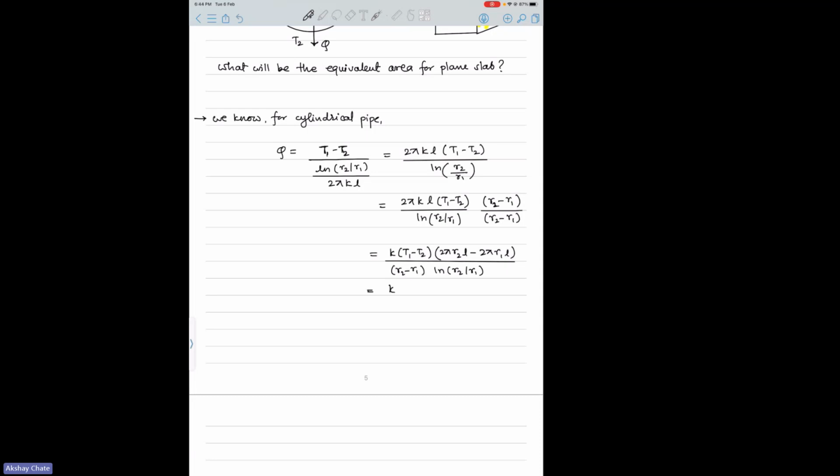So it becomes K T1 minus T2 A2 minus A1, and this term R2 minus R1 as it is. Now you do one more modification to R2 by R1, which is you multiply it by 2 pi L, both numerator and denominator.